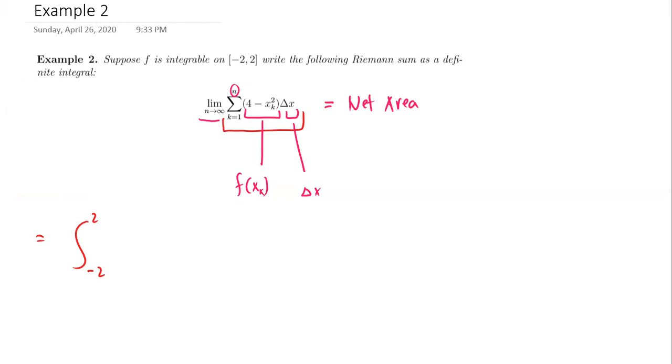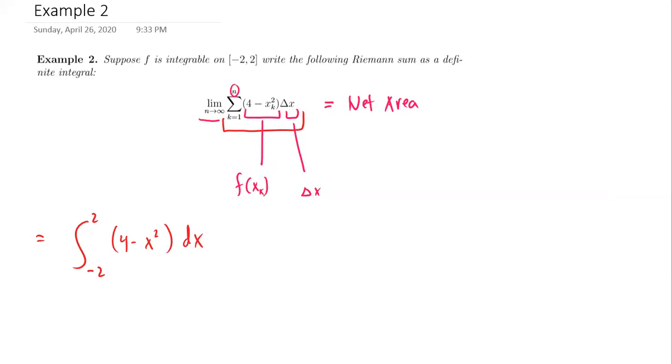This takes care of the whole limit and sigma sum part. Then we need the function. What is it here? We have 4 minus x sub k squared. Writing it without the x sub k's, the function is 4 minus x squared. And the last thing, the change in x becomes the dx.